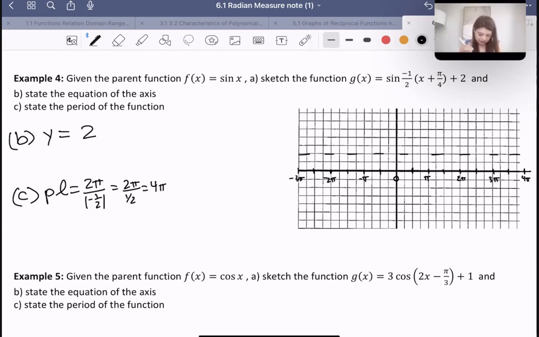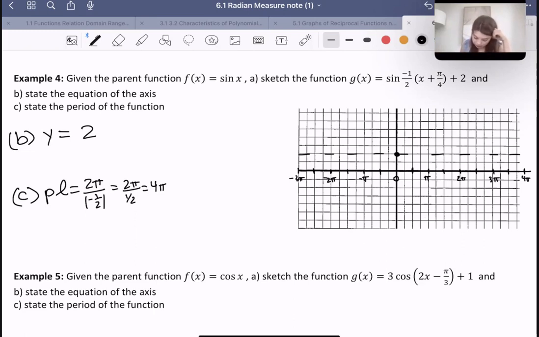So now let's start to plot some of these. So we know that it's sine, and for now we're going to skip the one part of it. We're just going to act as though we're switching the period length and the vertical shift. So in that case, we would start here at 0, 0, or 0, 2, because we're shifting up 2 and we are accounting for that. And then what will we do next here?